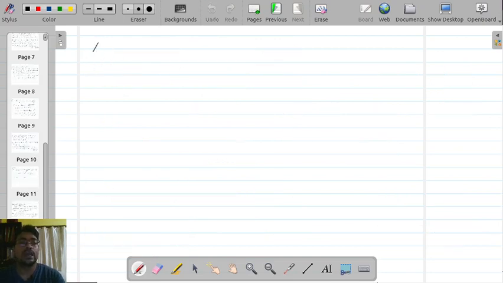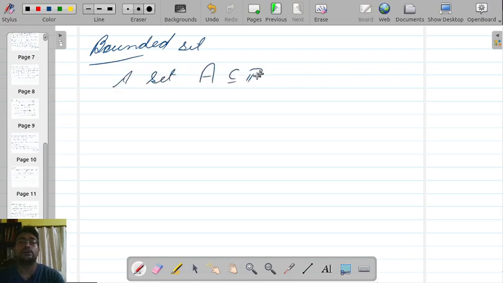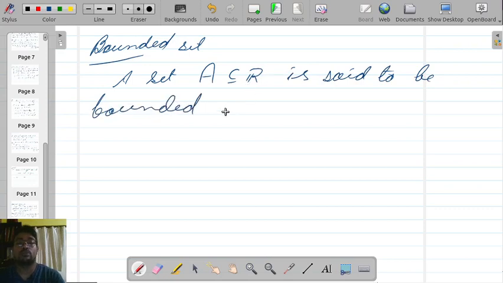Okay. And what is a bounded set? A bounded set will have both an upper bound and a lower bound. So a set capital A subset of R is said to be bounded if it has both lower and upper bounds.